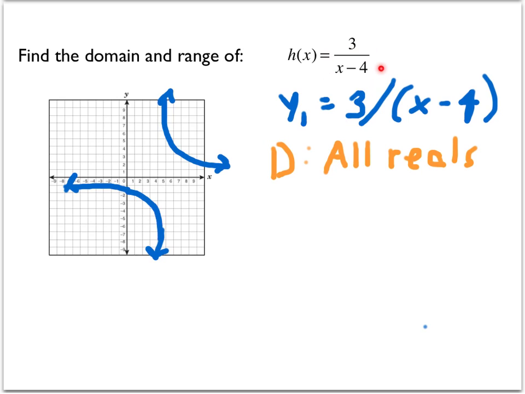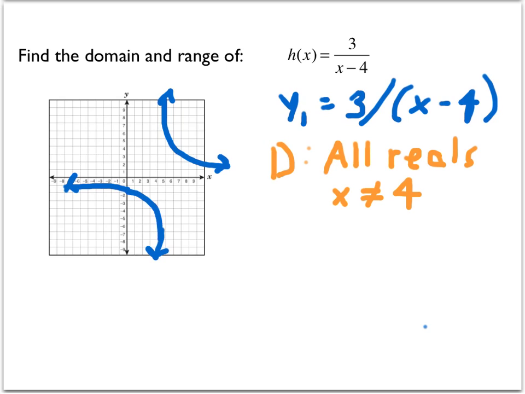And the reason for that, look in the denominator. If you might remember from your previous algebra days, we never want the denominator to be 0. And so for that denominator to not be 0, any number works except x cannot be 4. So we might say something like this, all reals except when x equals 4.